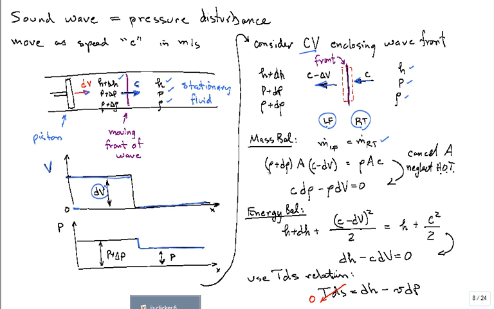So then you have rho A C, so rho A V, or the velocity, and then you neglect higher order terms. I mean, if I have d rho times dv in the expansion of these terms, neglect it. You neglect higher order terms.